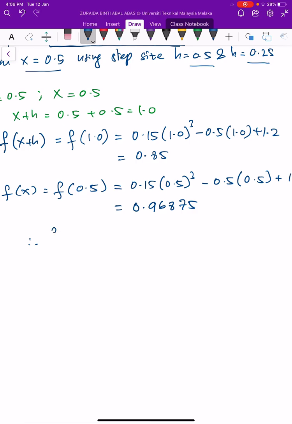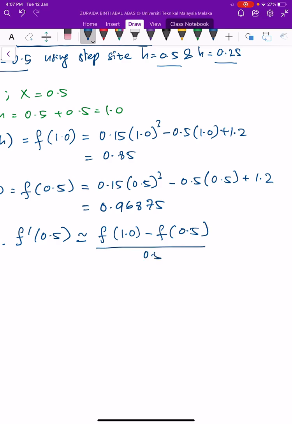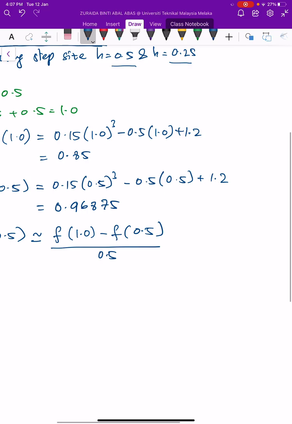We are trying to find f prime at x equal to 0.5, the first derivative of the function, using forward difference approximation. Simply plug in the values that you already calculated, where h is 0.5 at the moment.